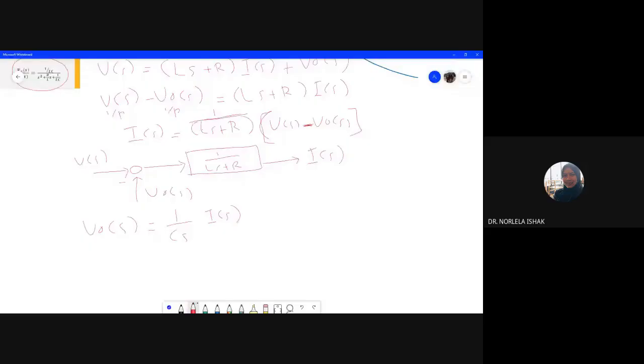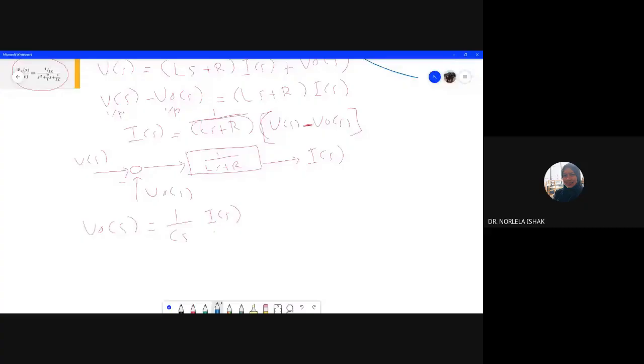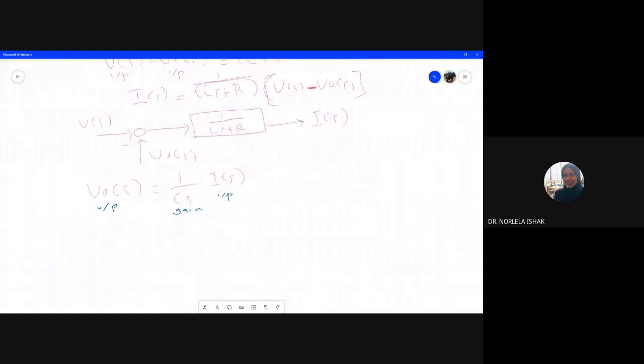So meaning the second block's current is your input. So this is our input, this is our output and this is our gain. Okay, so from here, we already fulfill this statement: output equal to gain times input.